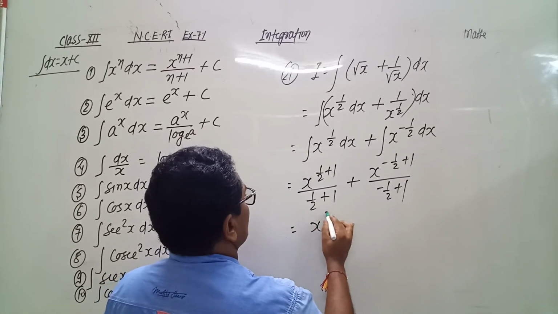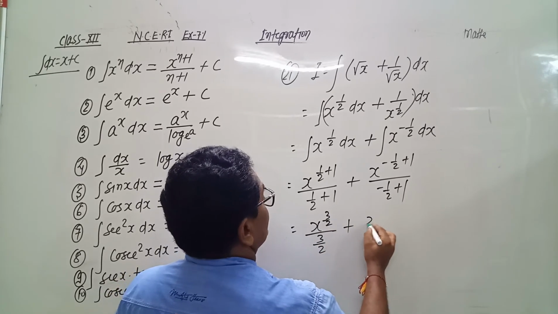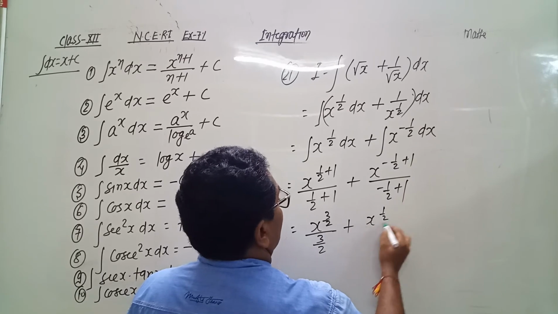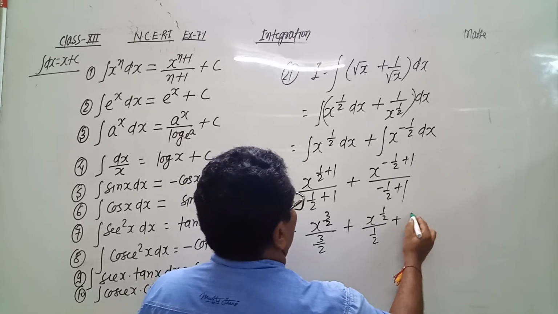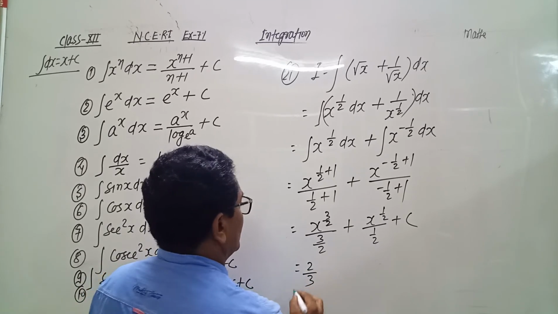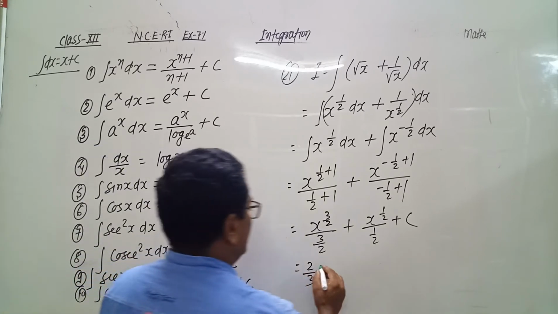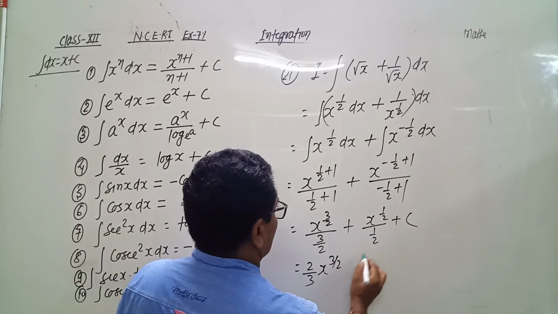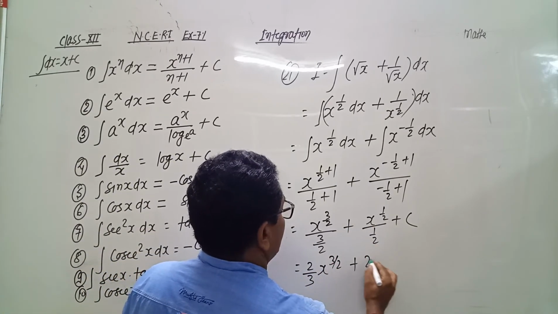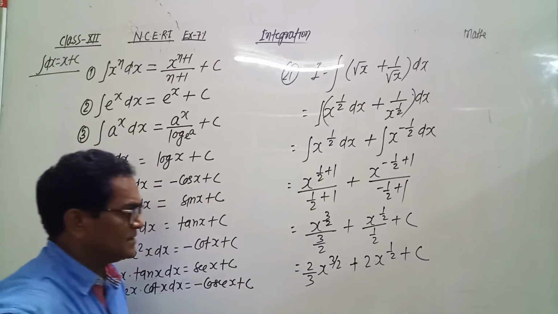So x raised to the power 3 by 2 by 3 by 2 plus x raised to the power 1 by 2 by 1 by 2, plus c. This would be written as 2 by 3 x raised to the power 3 by 2 plus 2 into x raised to the power 1 by 2, plus c.